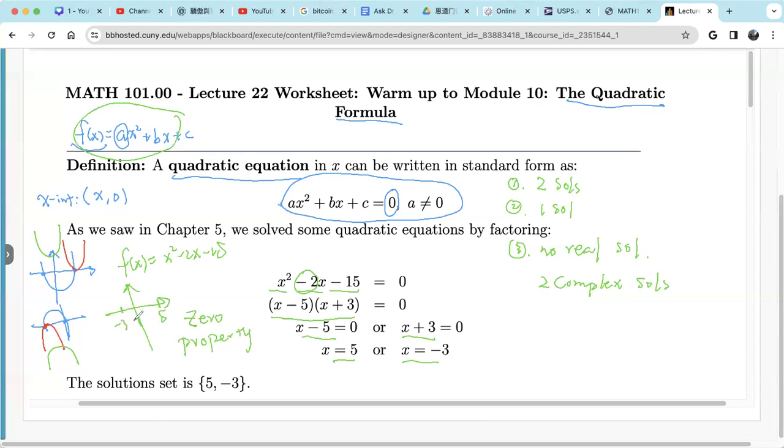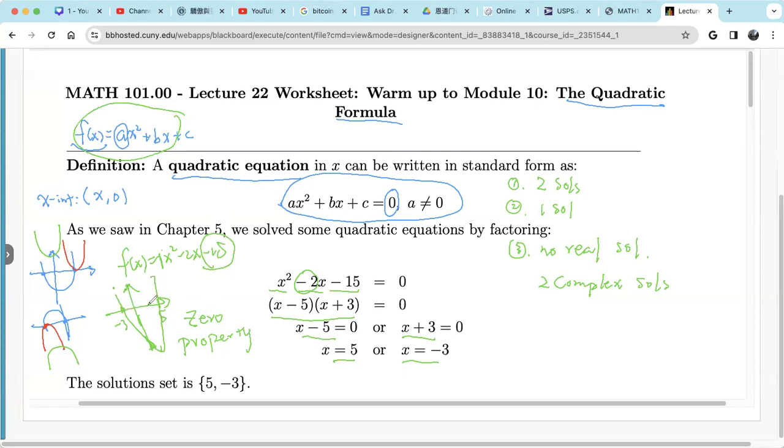One is -3. Because for x squared, the leading coefficient is 1, positive. So obviously this is the y-intercept, right? 0, -15 is the y-intercept, I see somewhere here. So our graph looks like this. It passes this y-intercept, passes these points.